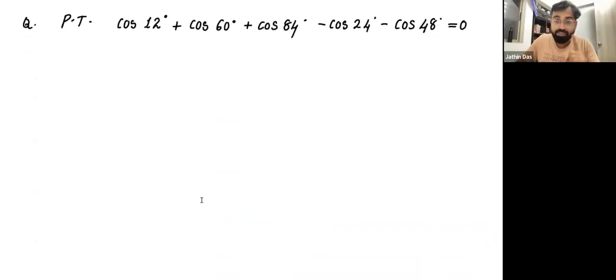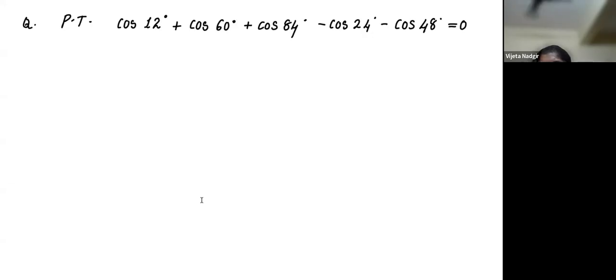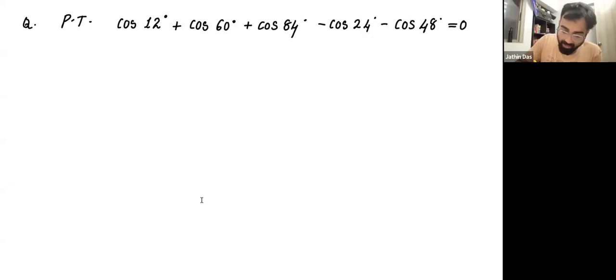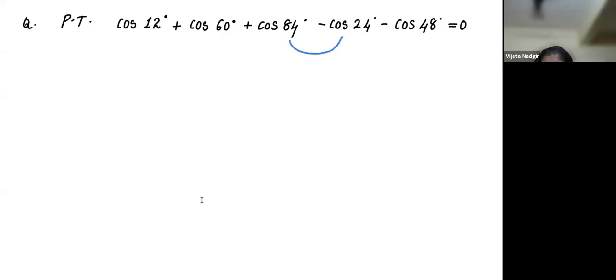Okay. In this question, make sure you combine the angles in such a way that you get a known angle. Known angle means there is also a preference in that, which you studied in 10th standard: 30, 60, 90. If those come, it will be good. Cos 84 and cos 24. Cos. And okay, 12 and 48.